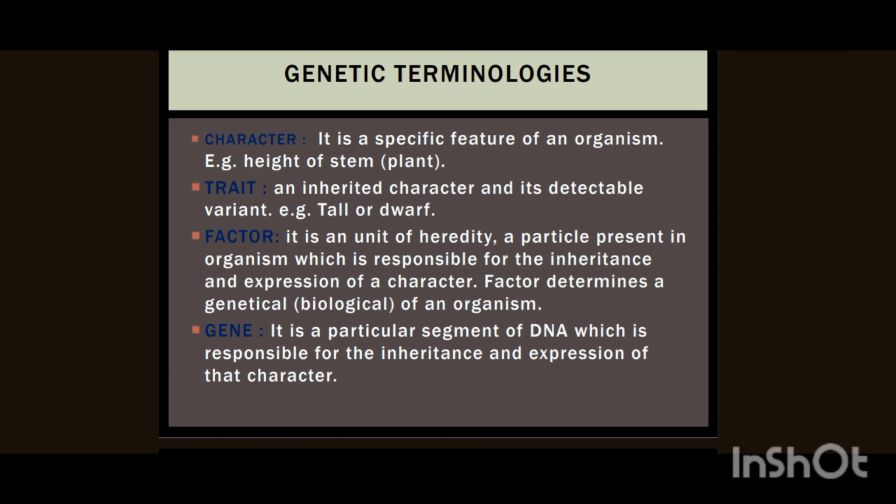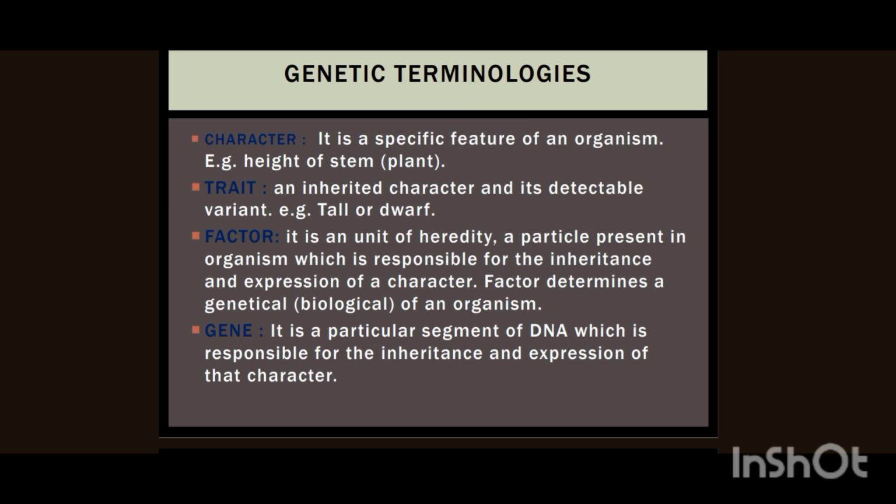Third and fourth are factors and allele. As mentioned earlier, a gene is a particular segment of DNA which is responsible for inheritance and expression of characters. A gene is a segment of DNA responsible for inheriting a certain character and expressing that character in the person. In earlier days, genes were called factors.